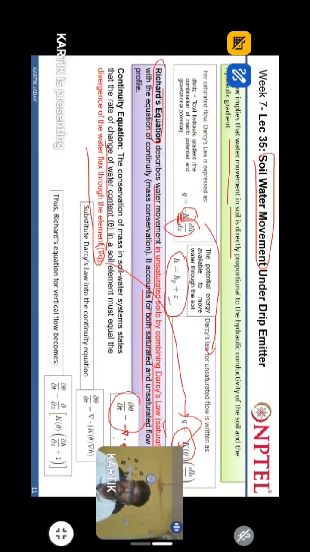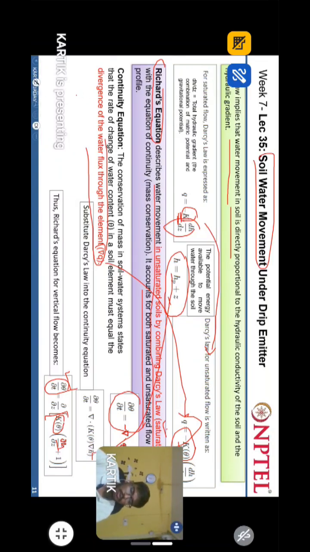Let's put this h, matric potential plus gravitational potential, here, and the final Richards equation can be written as: del theta by del t, that is the change in soil moisture content, is equal to del by del z of, in brackets, the unsaturated hydraulic conductivity times, in brackets, del h by del z. This del h by del z is the hydraulic gradient, right?